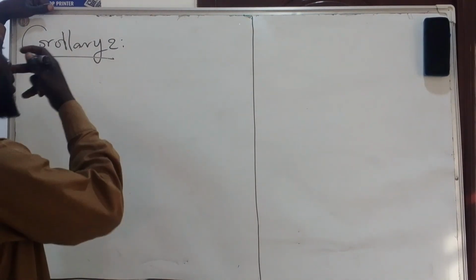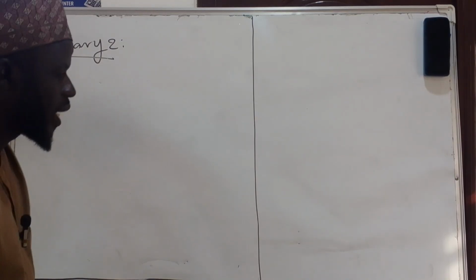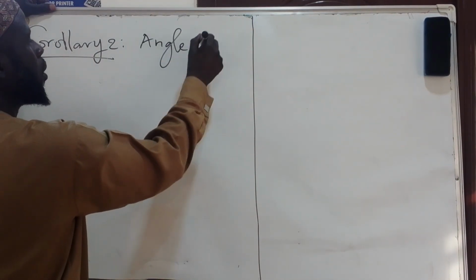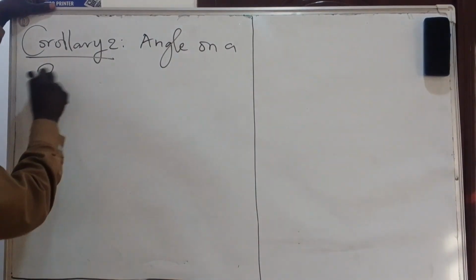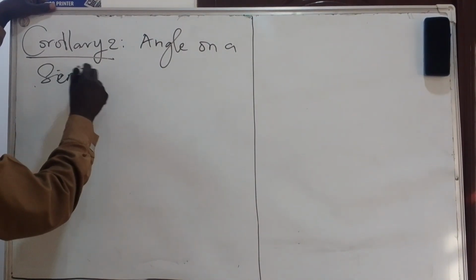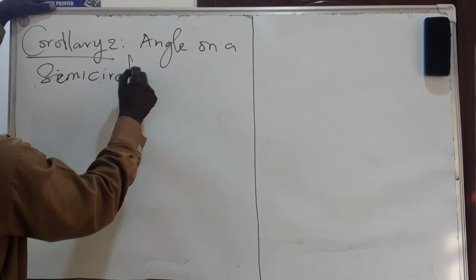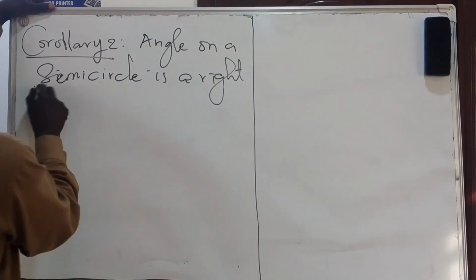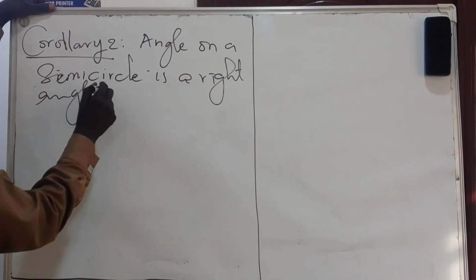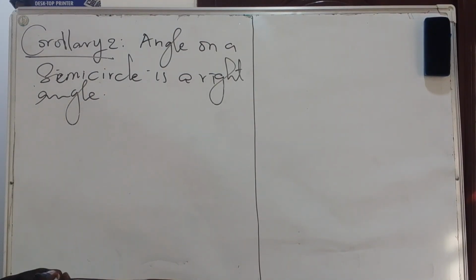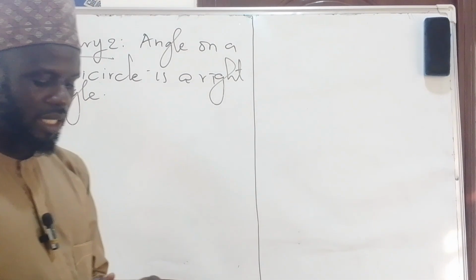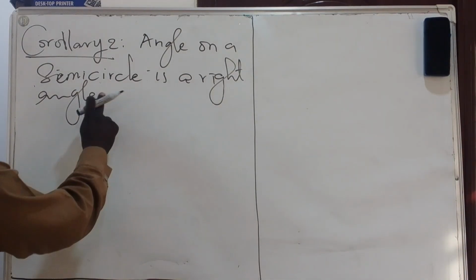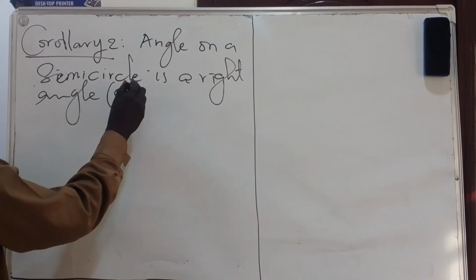The corollary is saying angle on a semicircle is a right angle. You know what a right angle means? A right angle is an angle that measures 90 degrees.